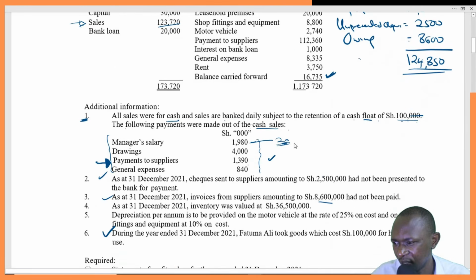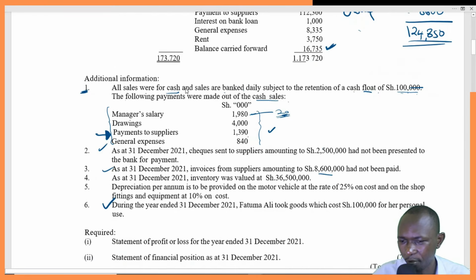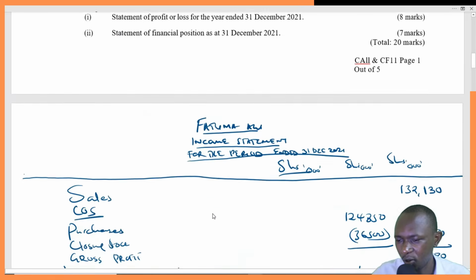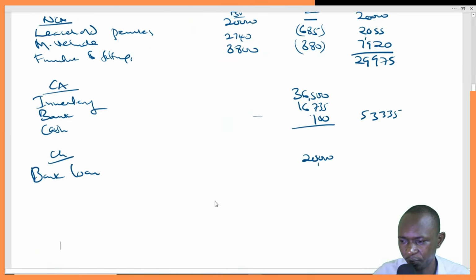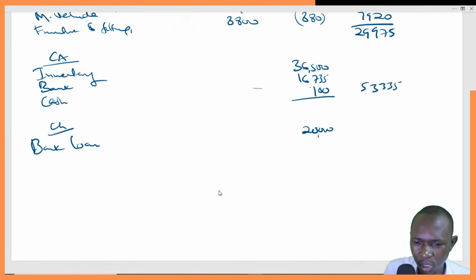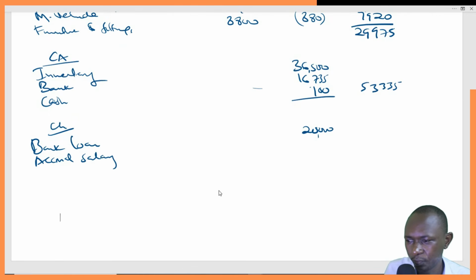Anything else we are seeing? Now, manager salary, there was something about this. There was an accrual of 20. We only paid him 19.8 instead of 20. So this is salary accrual, 20 shillings.